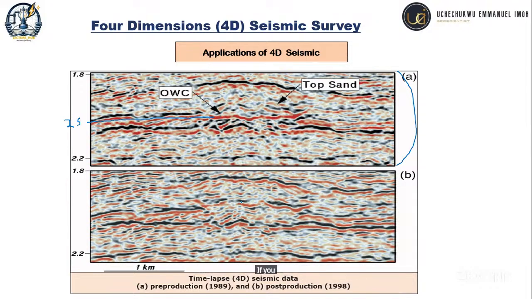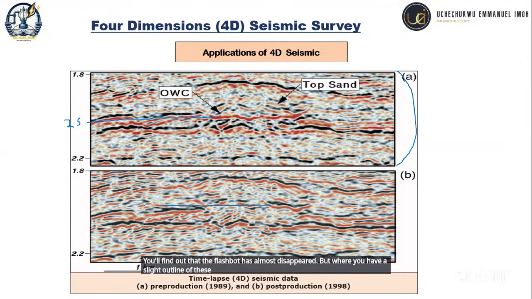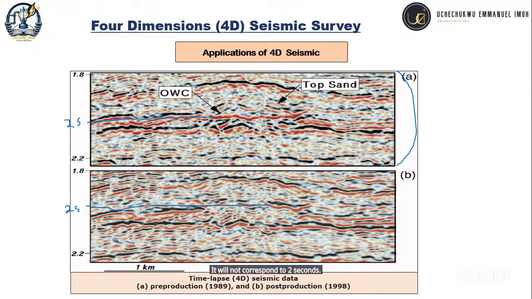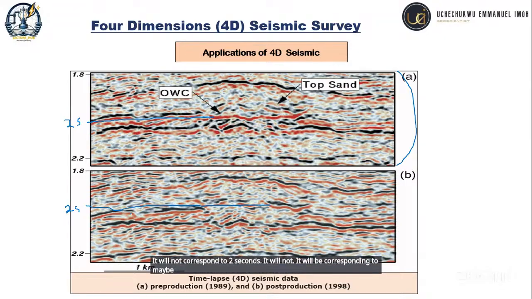If you come here and try to identify the same flat spot, you find out that it has almost disappeared. But where you have a slight outline of this flat spot, if you put a ruler to it, it will not correspond to 2 seconds. It will correspond to maybe 1.9 something seconds. What does it mean?